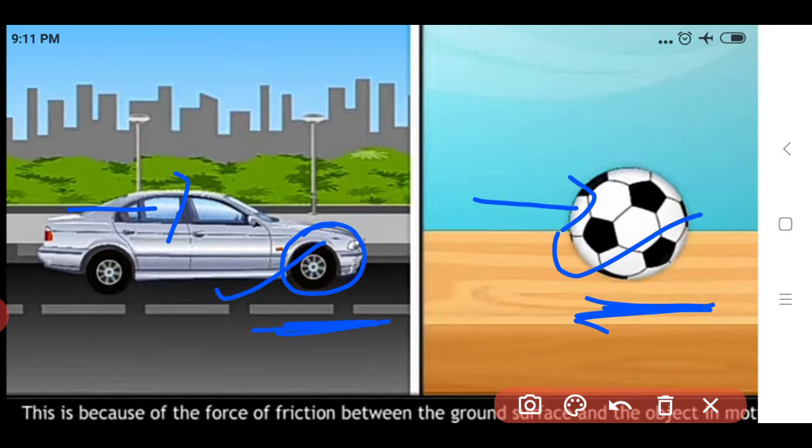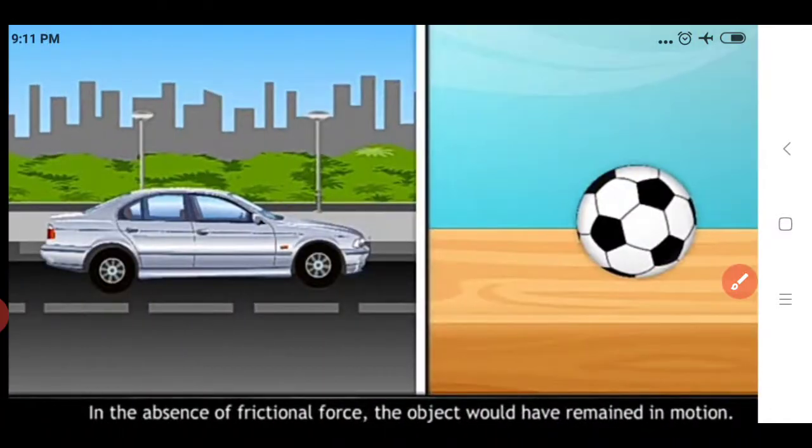In the absence of frictional force, the objects would remain in motion for a longer period. So it is the most important force for stopping moving objects.